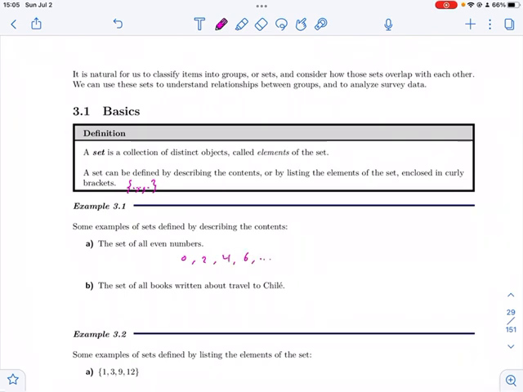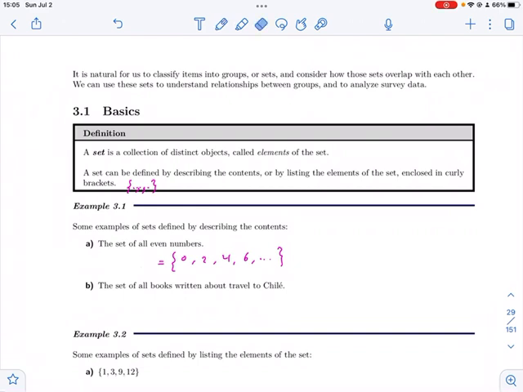And we usually use capital letters to denote those sets. For example, we call the set A or B or E or anything. Here, for even numbers, you may want to write it as E. And that's fine. You can use any capital letter to denote sets.